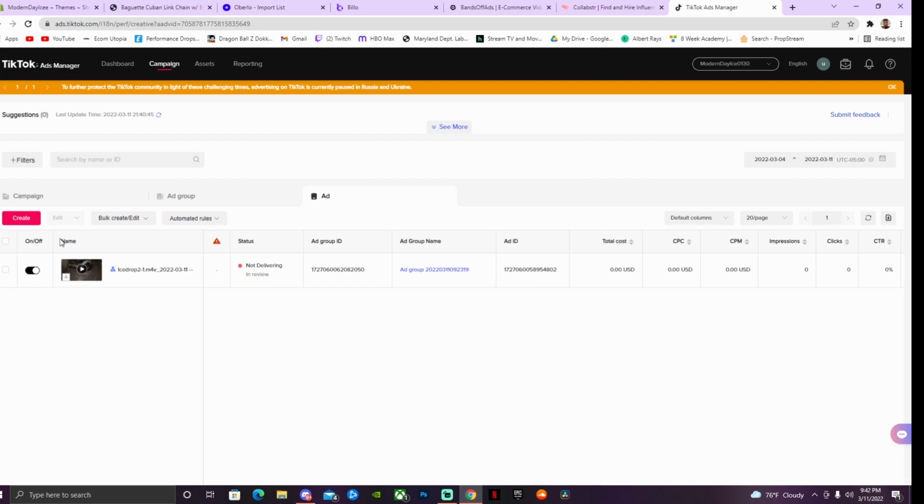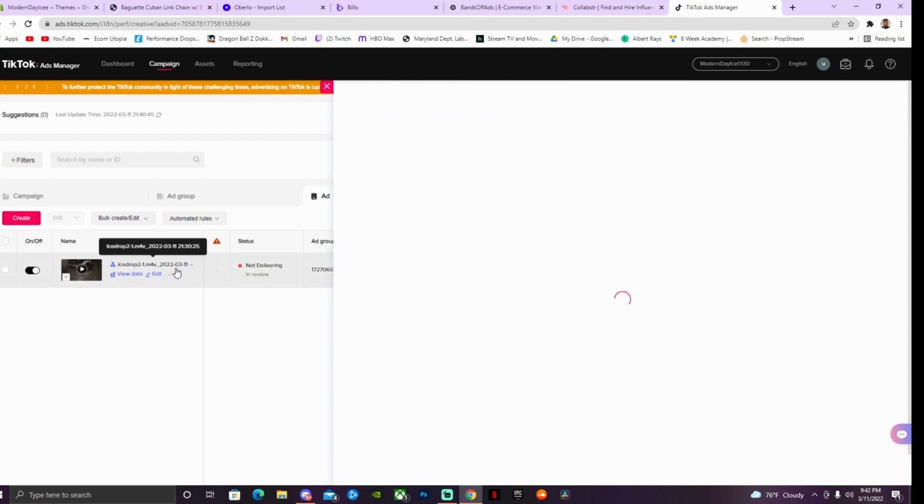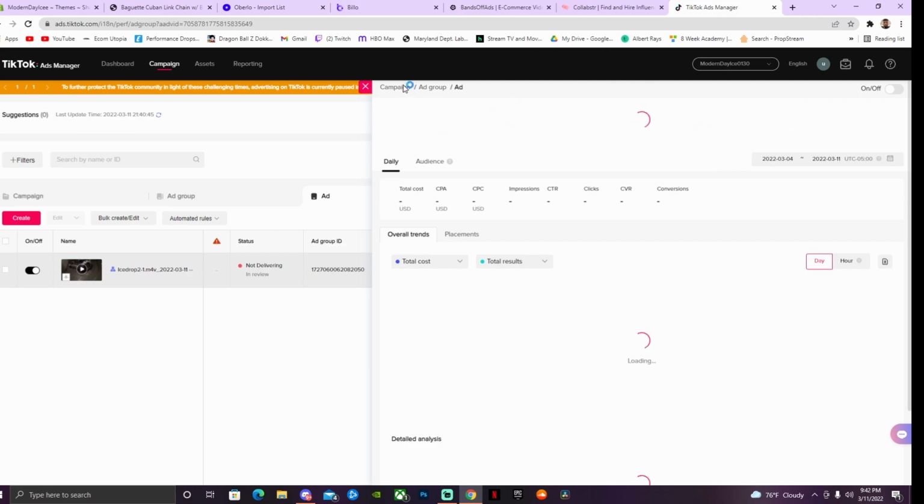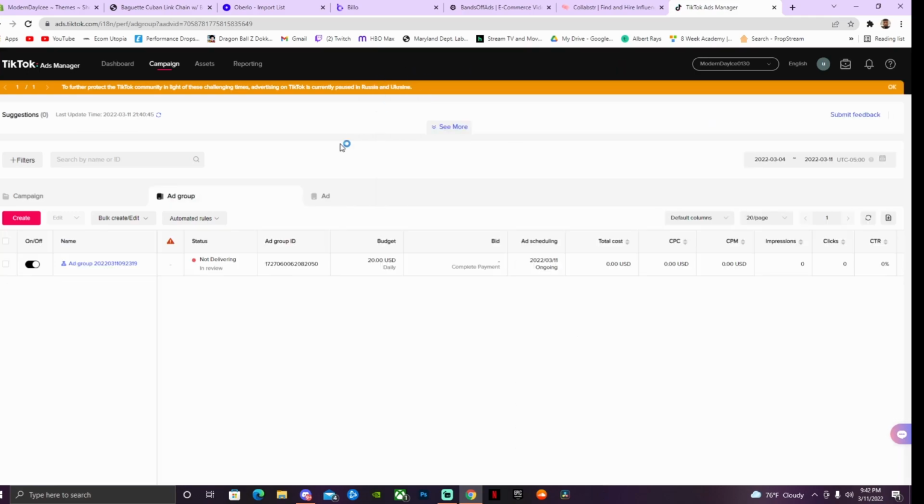Okay, so when it comes to duplicating your ad, when it comes to running multiple ad sets under one campaign, you would hit copy right here.